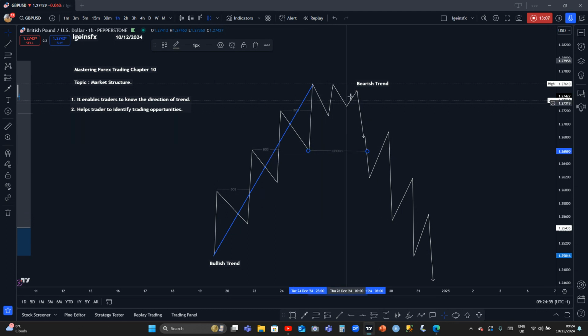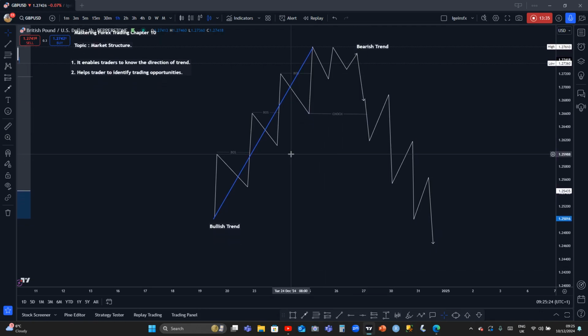Once the sellers are able to break the last support, this is the last support that breaks the structure up. This is a strong low. Once this strong low, which is the support, is broken or violated, we simply say that there is a change of character.